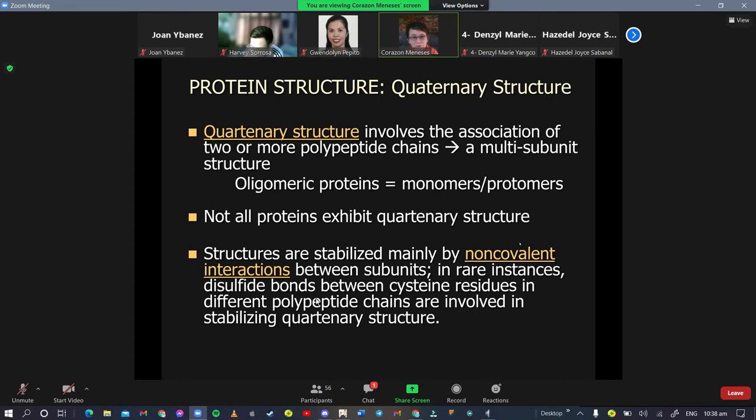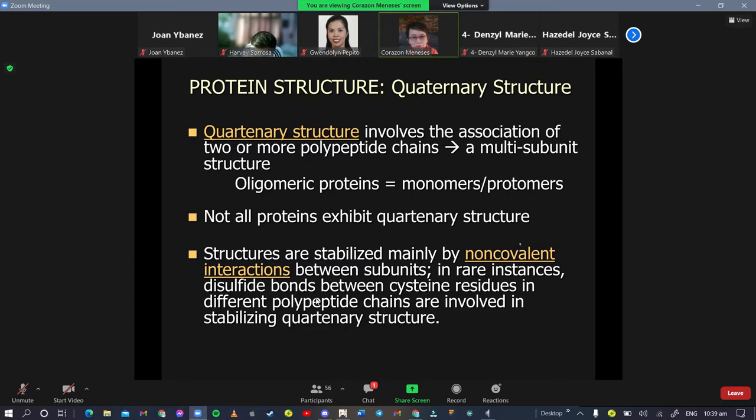So quaternary. More than one polypeptide chain is called a quaternary structure. Okay. So you have two or more polypeptide chains. Each of the polypeptides is known as a monomer or a protomer, and the whole is an oligomeric protein. Not to be confused, we will just call it more than two polypeptide chains.